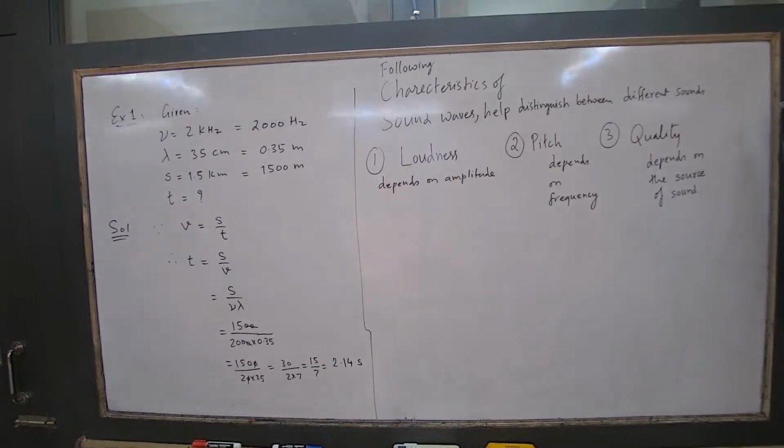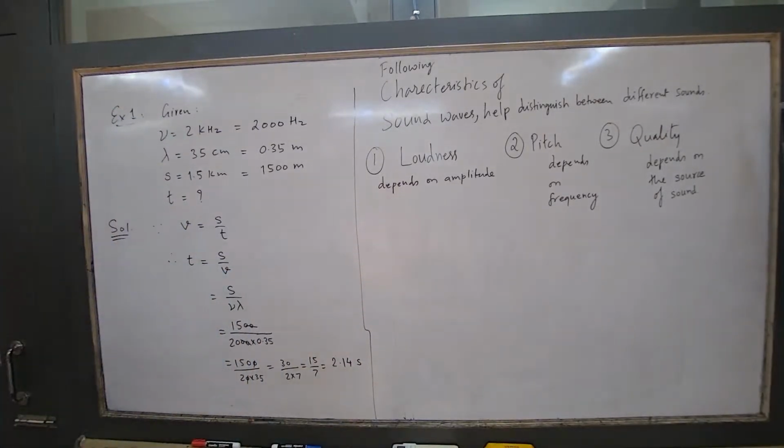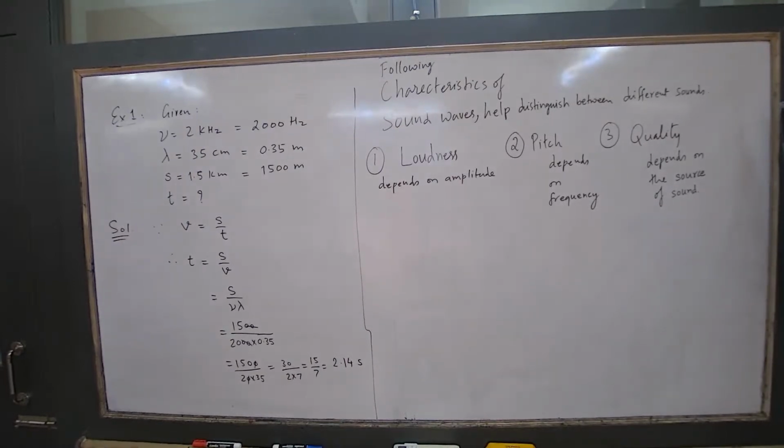So how do you use quality to differentiate between two sounds? There may be two sounds with the same loudness and pitch, yet their quality will be different. For example, let us say three of you are speaking at the same loudness level and with the same frequency, yet you will sound different because the sources, your vocal cords, are different.